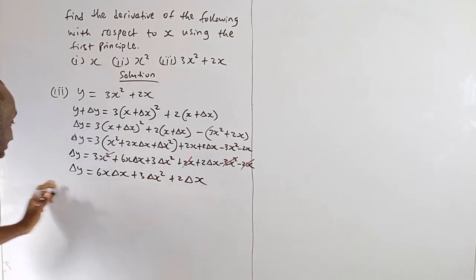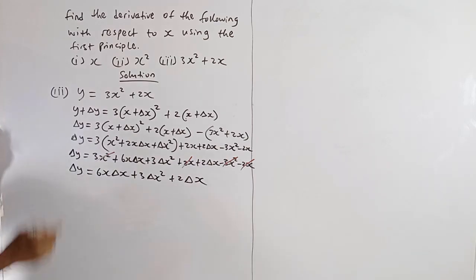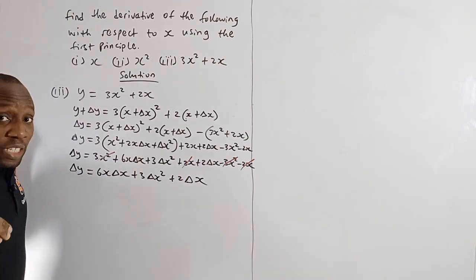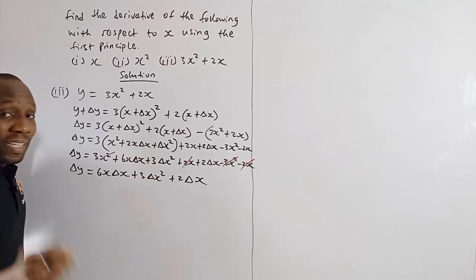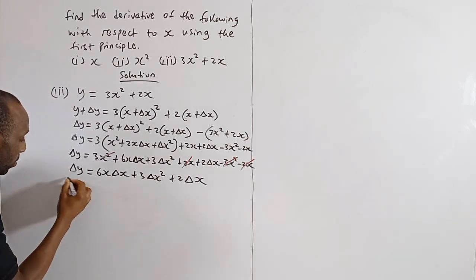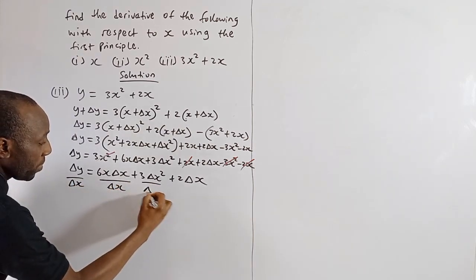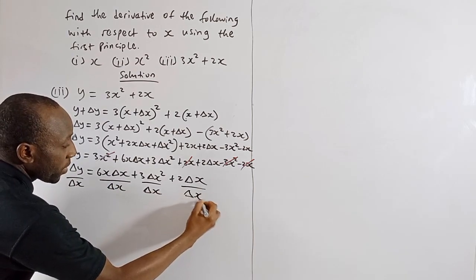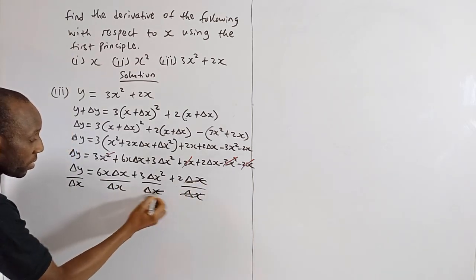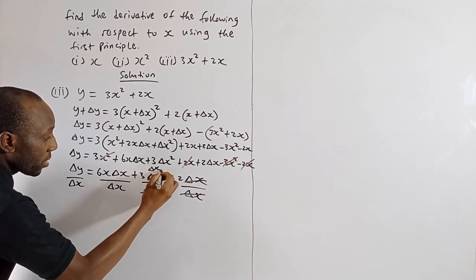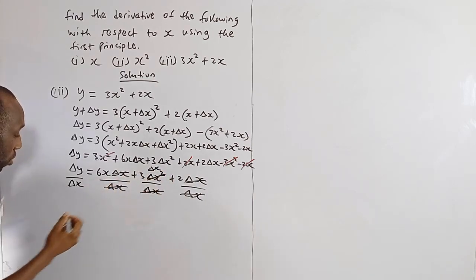What's the next thing now? I'll divide both sides by what? Change in x. So the next thing I'll do now is to divide both sides by what? Change in x. So change in x here, here, here, and then here. Now this cancels this. This cancels this. You have change in x. This cancels this. So what do we have?